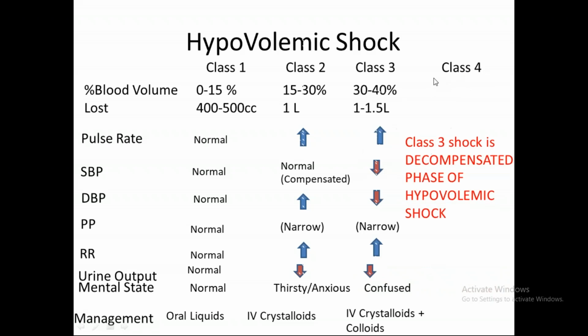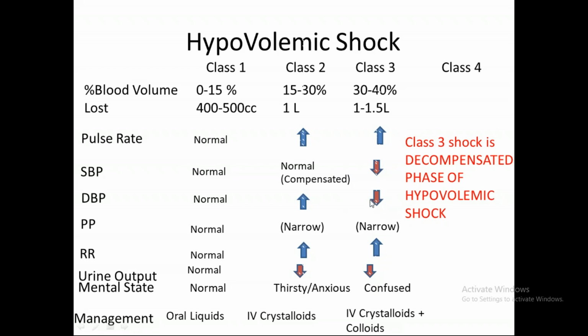Now we come to class 3 shock. Class 3 shock is the decompensated phase of hypovolemic shock. Why? Because there will be 30 to 40% blood loss, amounting to around 1 to 1.5 liters. Pulse rate will increase. Now since the blood loss is too much, it cannot be compensated. This will lead to decreased systolic blood pressure.